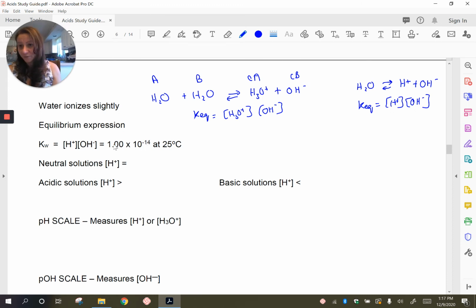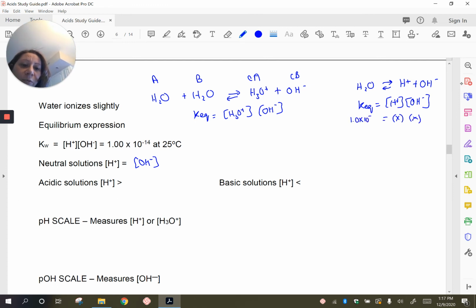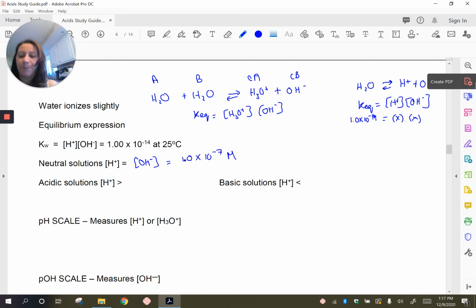Now, in water, or really in any neutral solution, for every H plus you also have an OH minus. So the concentration of H plus and the concentration of OH minus is the same. If we say that it is equal to X, and this is also X, when we know that this is 1.0 times 10 to the negative 14, we can solve for X. It's going to be the square root, which would be 1.0 times 10 to the negative 7th molar.